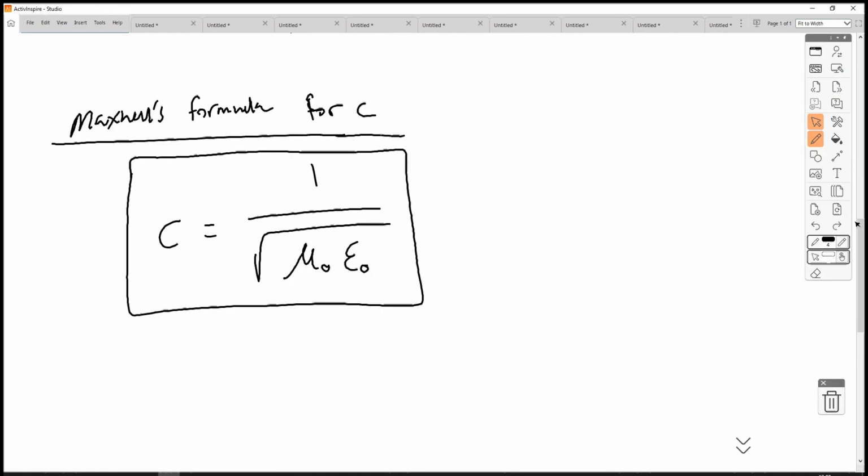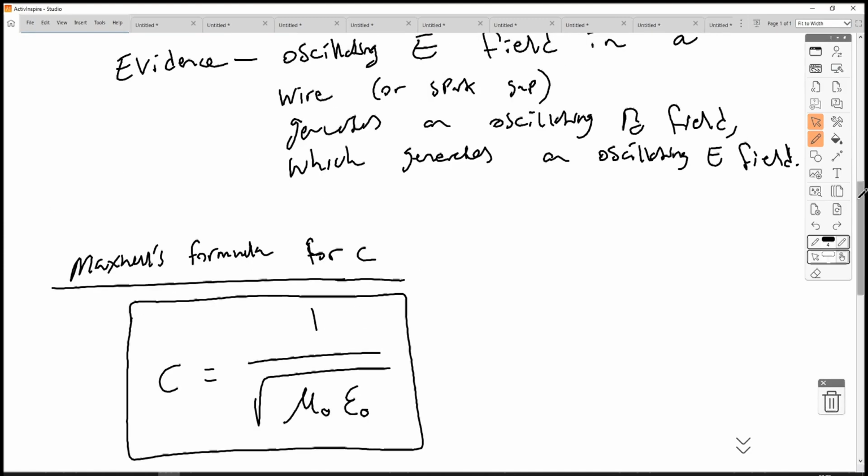It's how difficult it is for an electric field to exist within that space or within that medium or lack of a medium. And mu naught is the permeability of free space, which is the same analog but for a magnetic field instead. So it's how easily a magnetic field permeates a space.